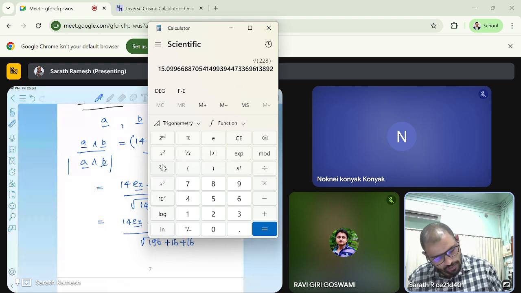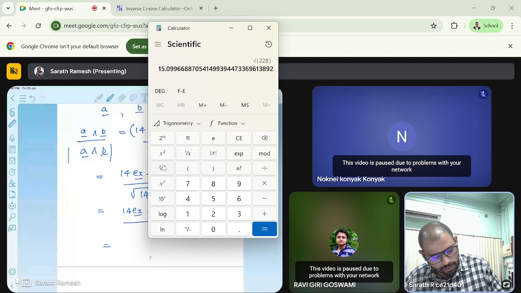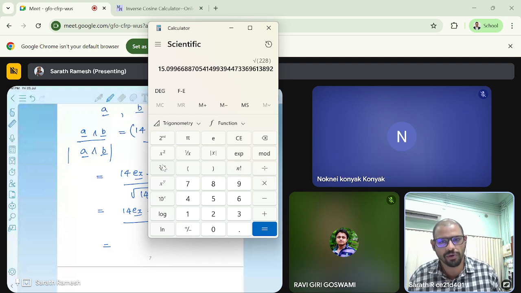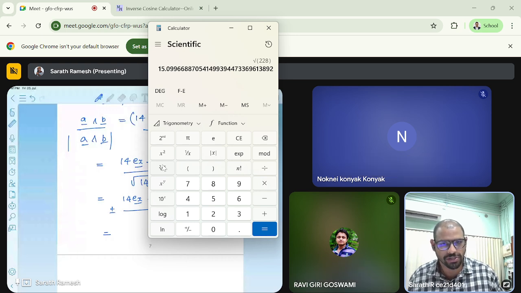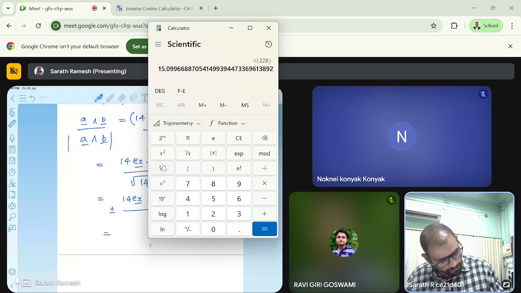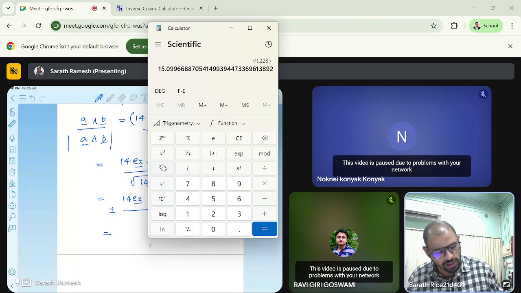I'll erase this and write 15.01 directly. Now this will be plus or minus, because the square root of 228 is plus or minus 15.01, right? And we will divide this individually to get the components.